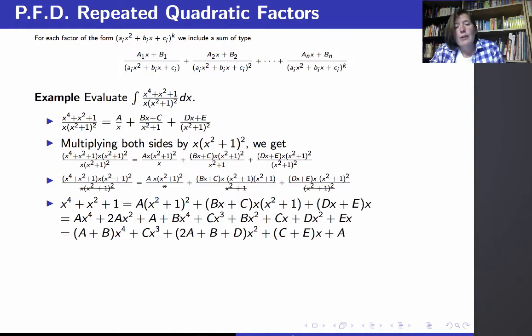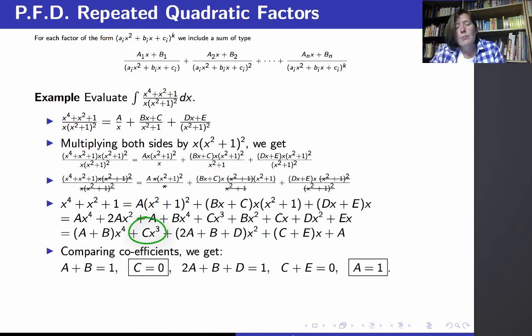And remember, if two polynomials are equal, the coefficients of their powers of x must also be equal. So we expand the right-hand side and gather up the coefficients of the powers of x from x to the 0 to x to the 4. And then comparing coefficients on both sides of this equation, we get that the coefficient of x to the 4 on the left is 1, and on the right it's a plus b, so we get a linear equation in our two unknowns a and b, a plus b equals 1.